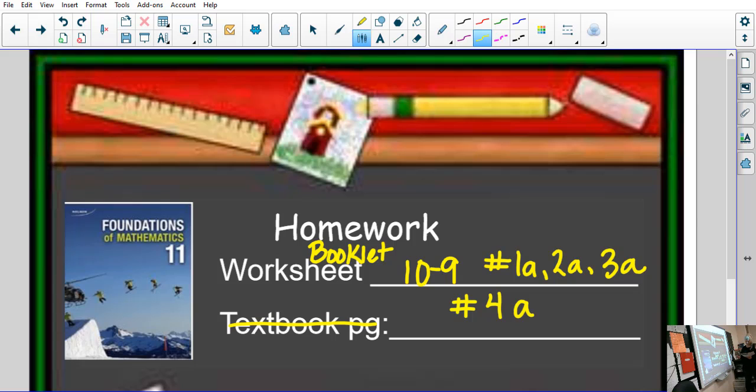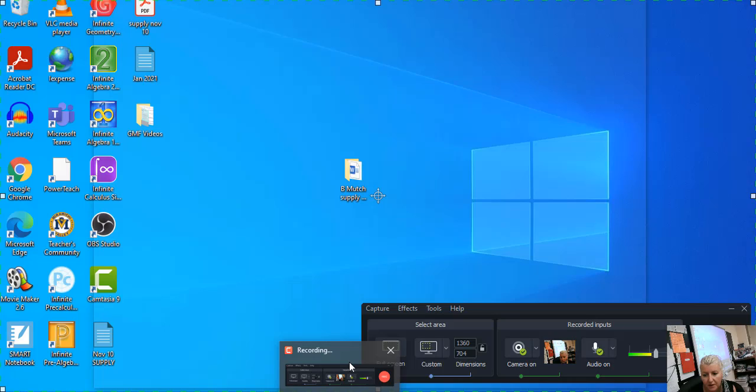Okay. I'll go with number 6. Now, obviously, there's a few more questions there if you want to try them. If you try 1A and you get it wrong, maybe you should try 1B as well. Okay, that's what we're going to do for law of sines.